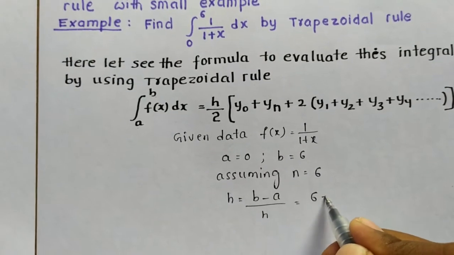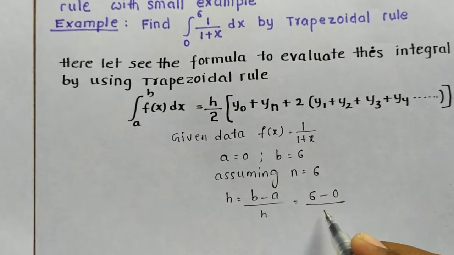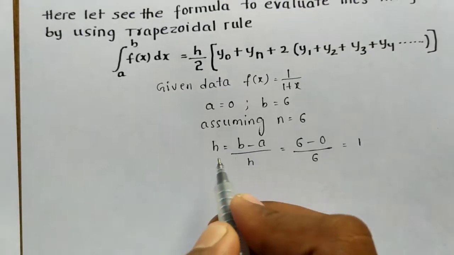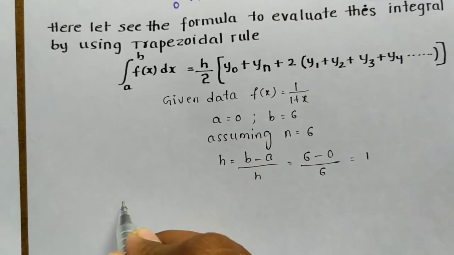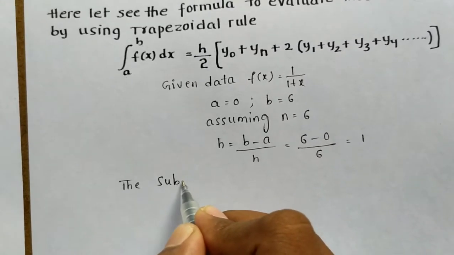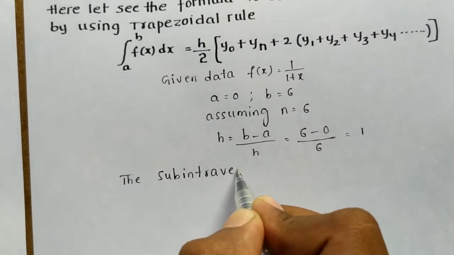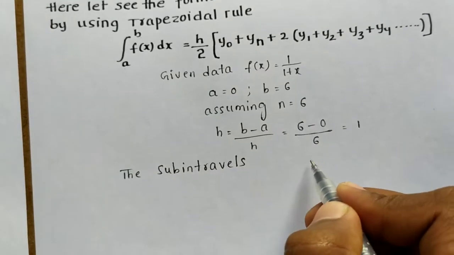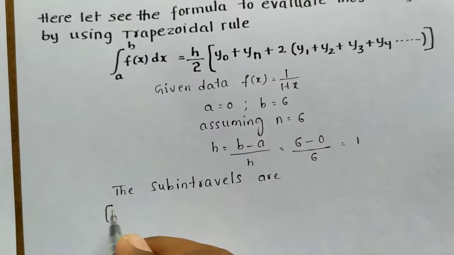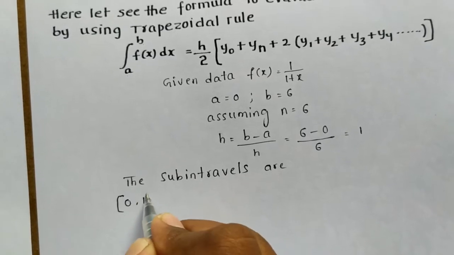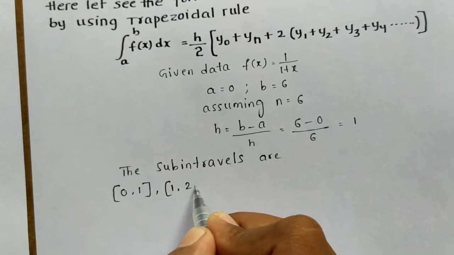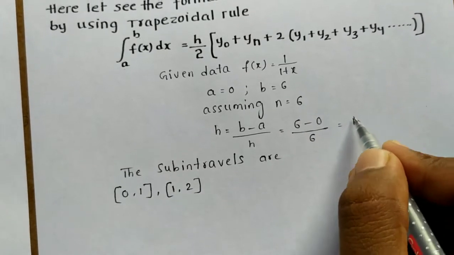Here b is 6, a is 0, and n is 6, so the h value is 1.